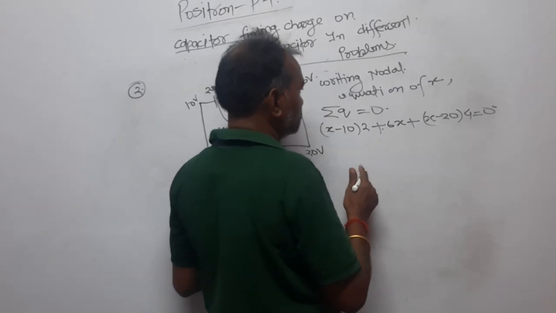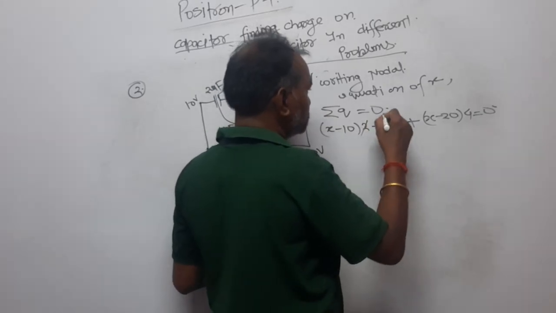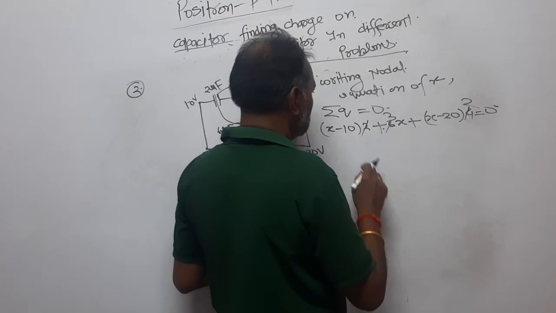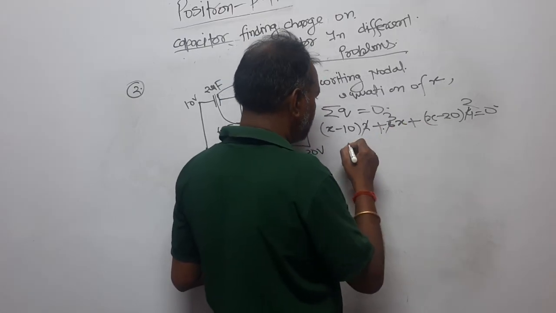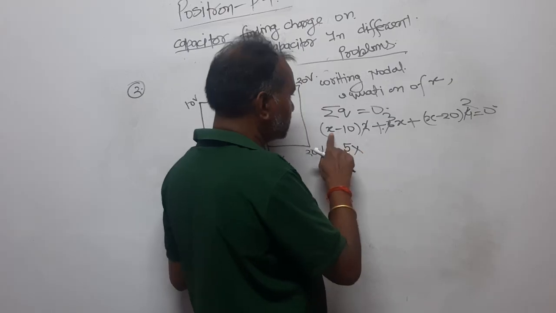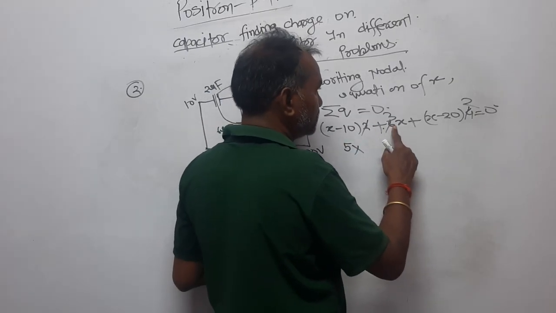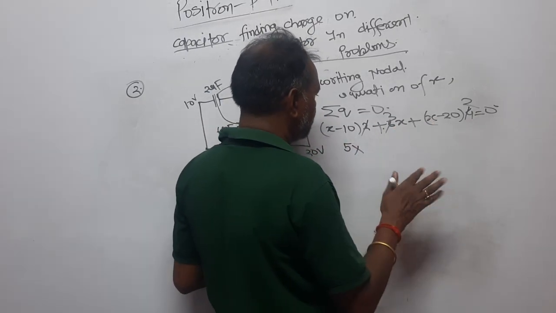So dear student, look here, 2x, 3x, 4x, plus 2x, that is 5x.